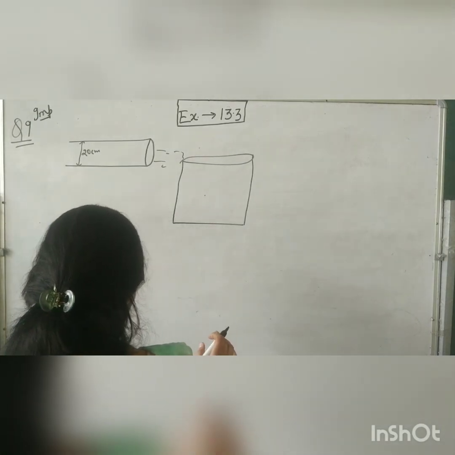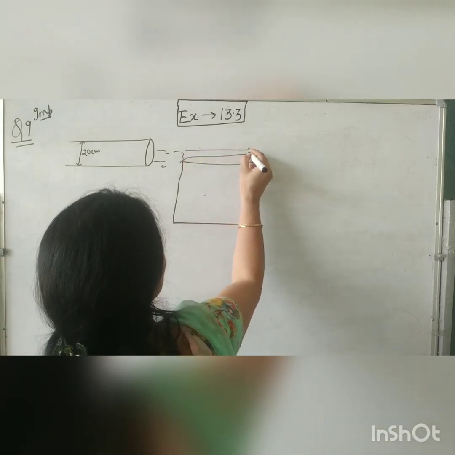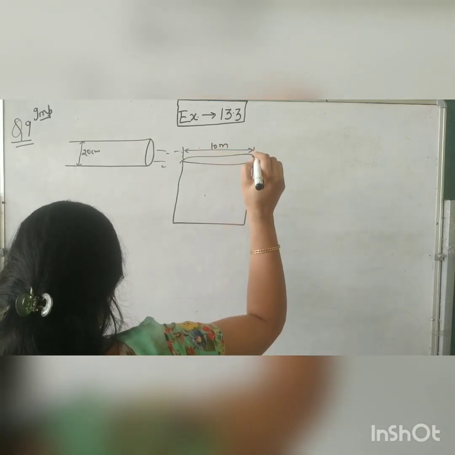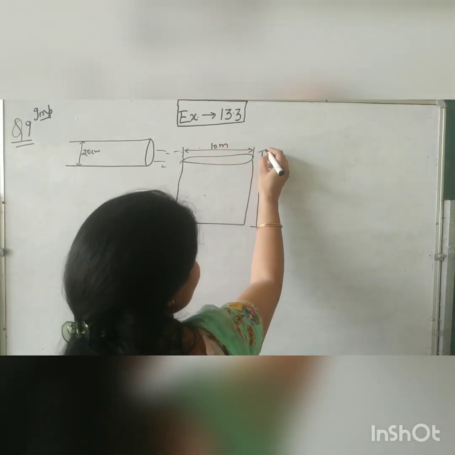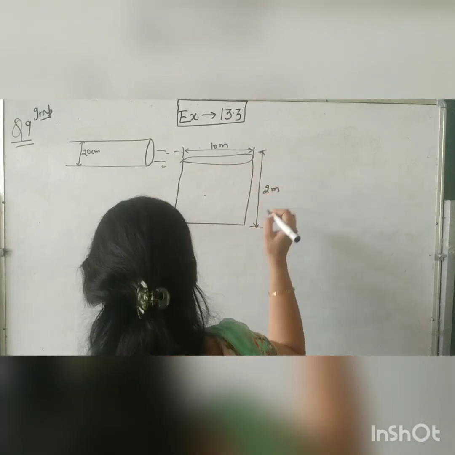Which is 10 meter in diameter. Diameter is given 10 meter and 2 meter deep, and height of the cylinder is given, which is equal to 2 meter.